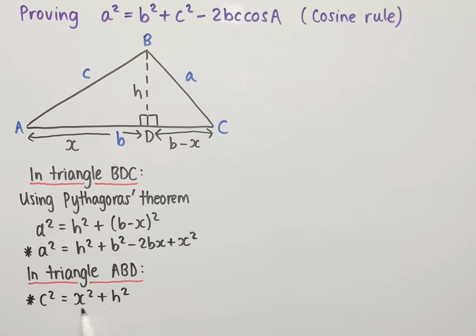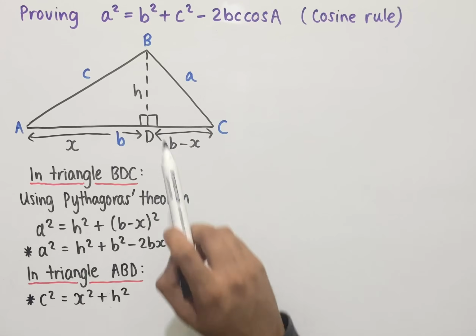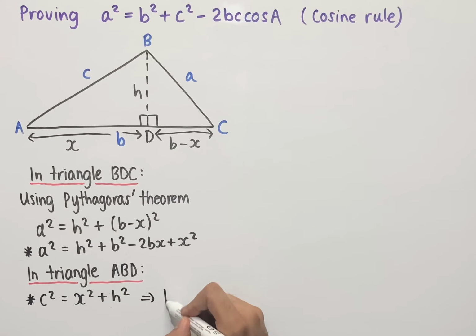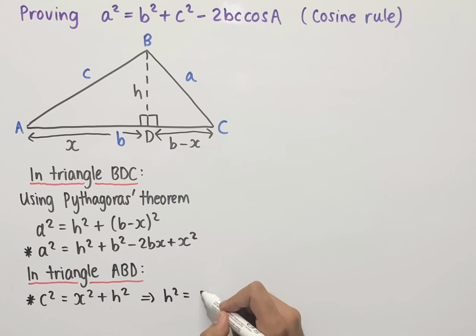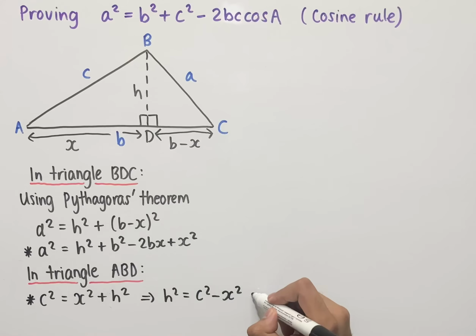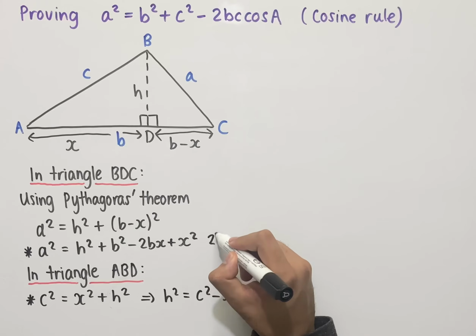If we rearrange this equation for h squared, in other words, make h squared the subject, then substitute that into this equation, we can get rid of the h squared and get closer to proving the cosine rule. We end up with h squared equals c squared minus x squared. We label this equation as equation 1, and we label this equation as equation 2.